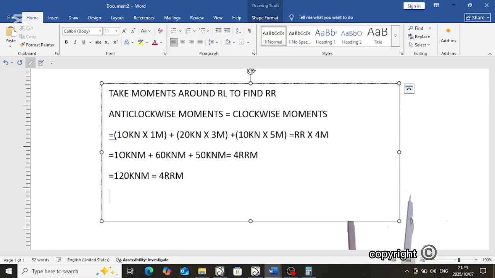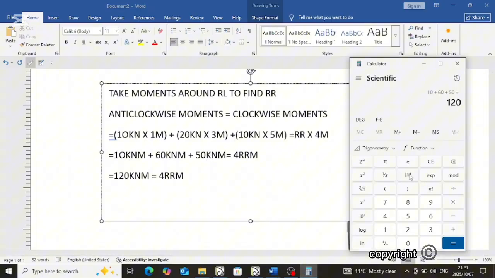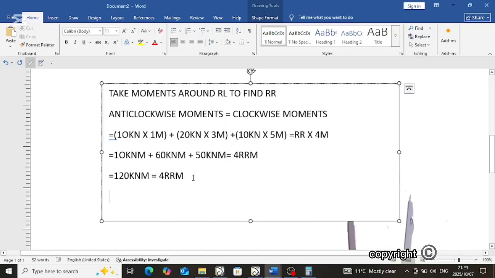So that's what I'm doing here. You have to divide it by 4 so that you can get your RR. So let me go to the calculator again. Then I will divide by 4 equals.